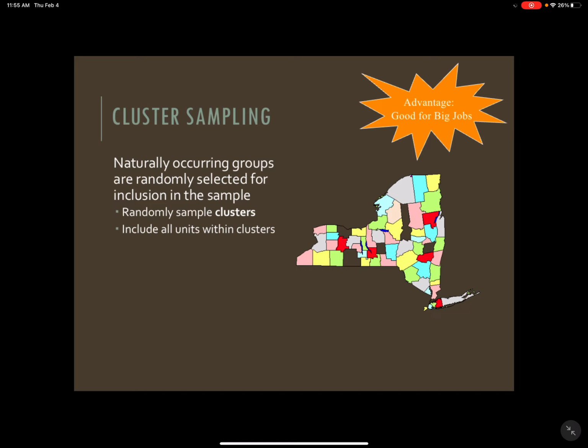So that can be used for counties, school districts, church parish populations. There are a lot of naturally occurring groups that can help minimize the job of random selection when we've got big studies.